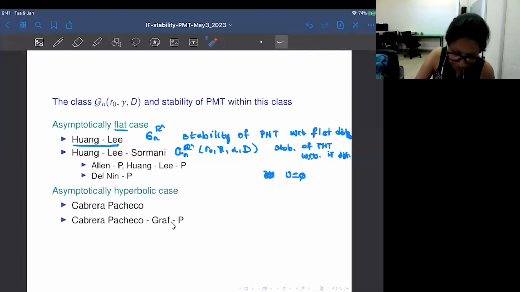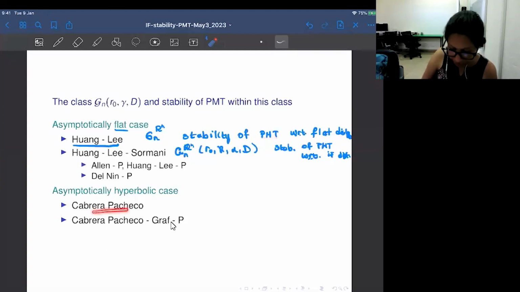Okay, and this is in the asymptotically flat case, and then one can adapt all the conditions of this class and then introduce a class in the hyperbolic case, and that was done by Cabrera Pacheco, and then study the stability of the positive mass theorem with respect to flat distance.